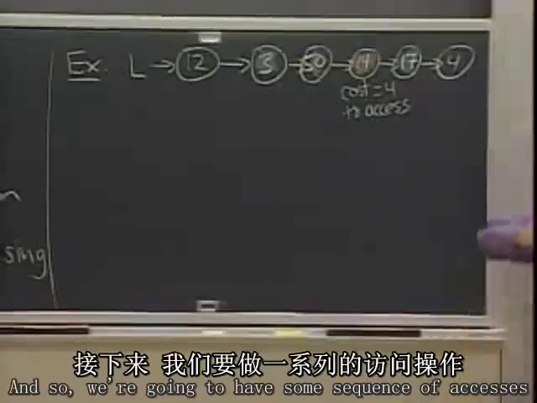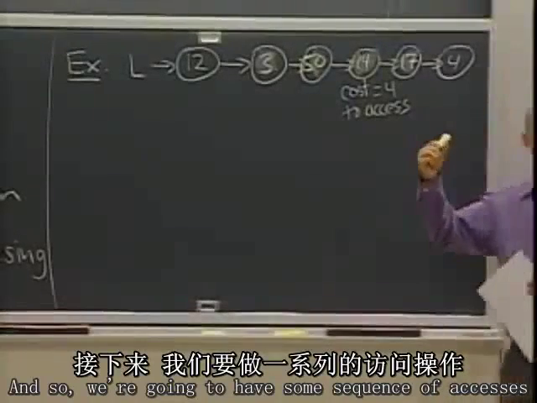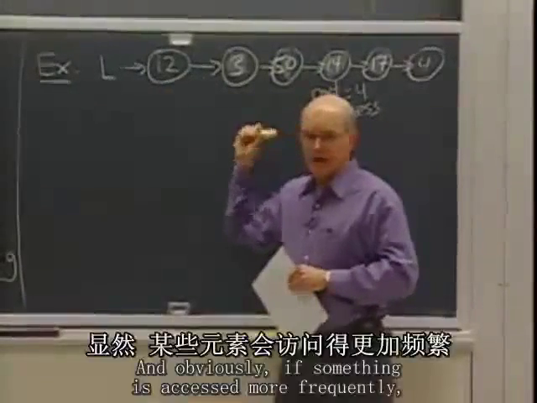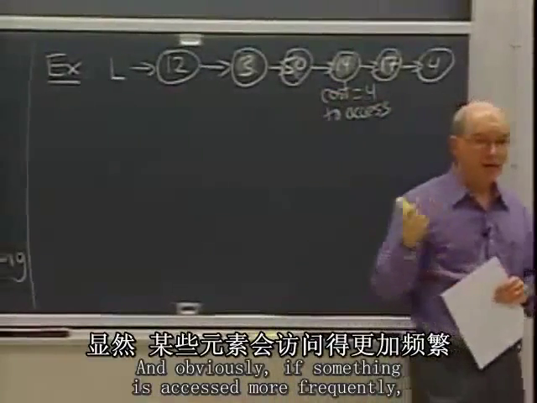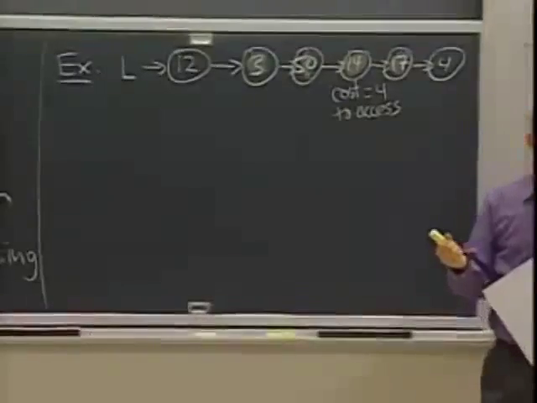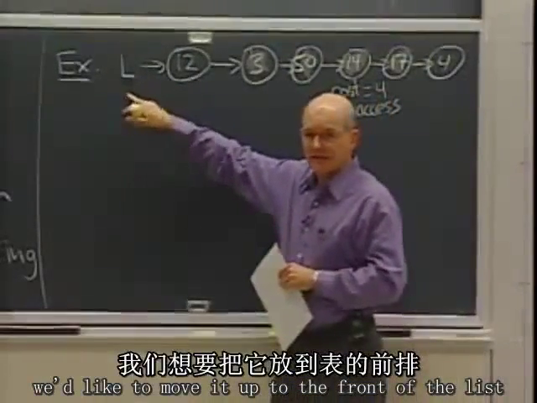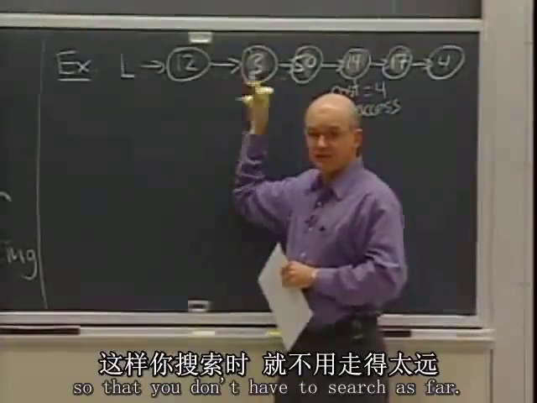And so we're going to have some sequence of accesses that the user is going to do. And obviously, if something is accessed more frequently, we'd like to move it up to the front of the list, so that you don't have to search as far. Okay?